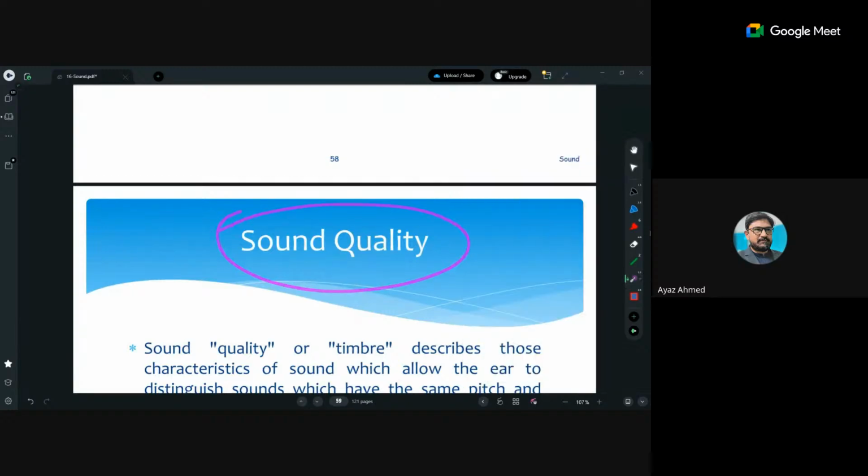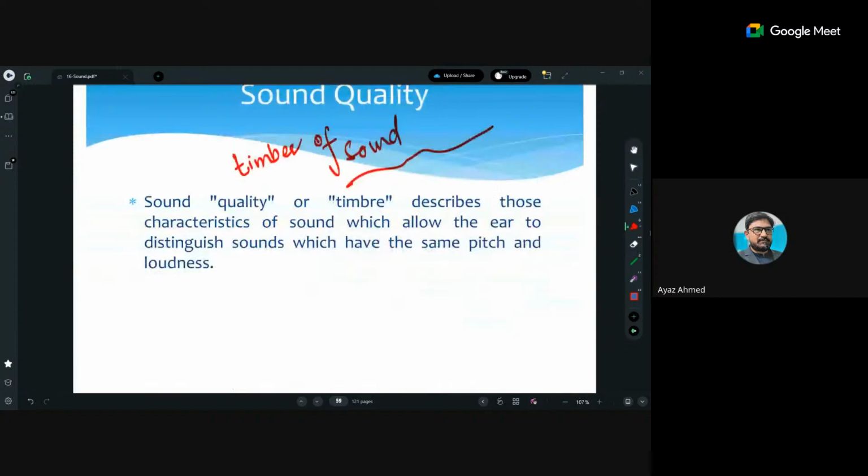Then this is the quality of the sound. This is not about whether your sound quality is good or bad. We call it timbre of sound, right? Timbre: for example, if you people do not see my face, but you believe that Sarayaz is taking class, what does it mean?